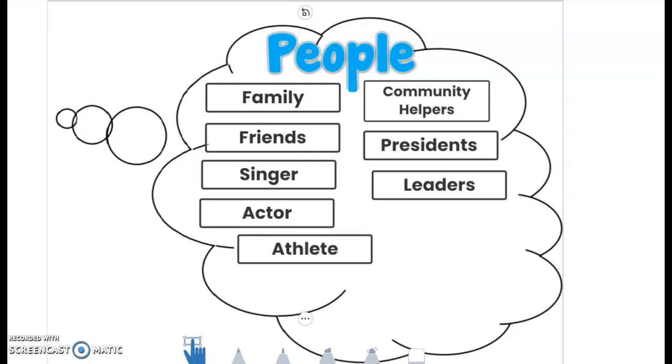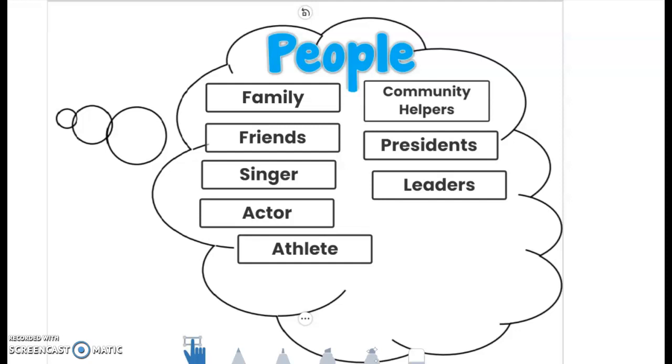So you're going to do the same thing today. You're going to get this little cloud right here, a little thought bubble. It's our thought bubble to help us think. You're going to have people on yours as well. And you're going to come up with 3 or 4 lists of people that you know a lot about. Okay? Maybe 3. 3's good enough. Try to think of 3 people that you know a lot about.